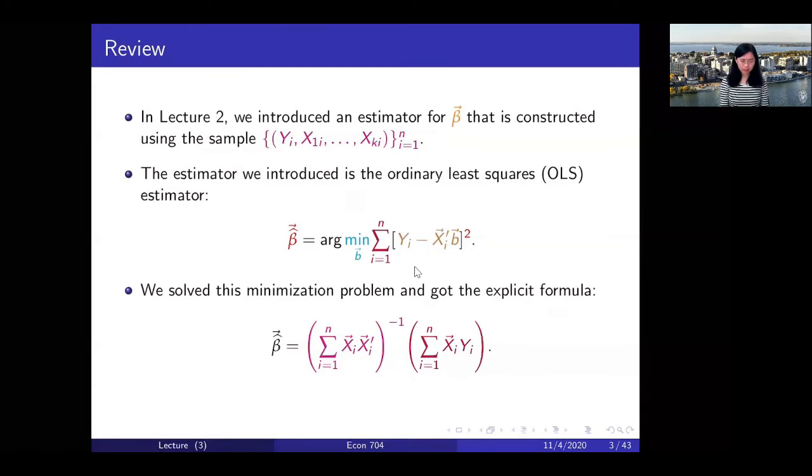That is the explicit formula for the ordinary least square estimator. At the end of last lecture, I said that whether this estimator has any good property depends on the model assumptions.